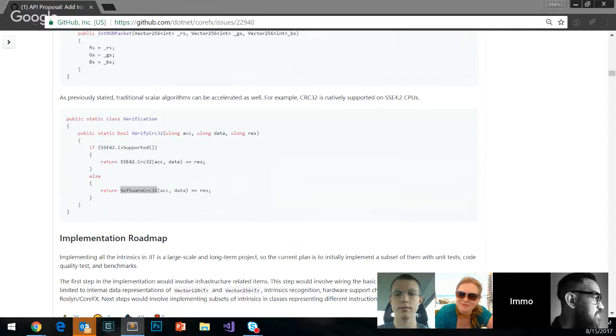Obviously this is a large number of methods or functions that are involved. So the idea is we would work with your help to enable some of these intrinsic functions, and then basically open it up for people to look and contribute.